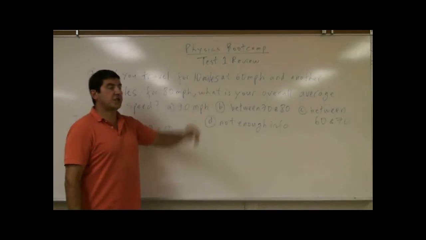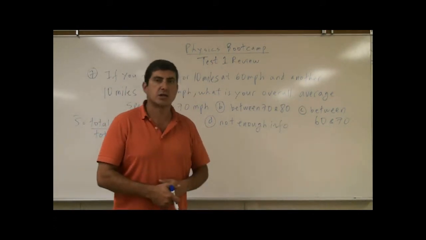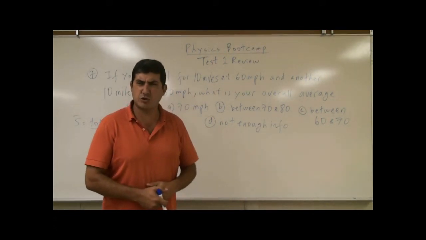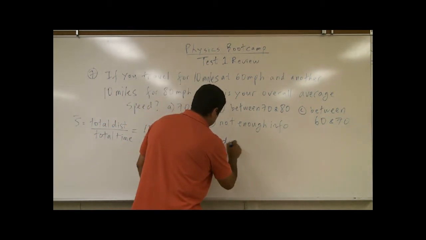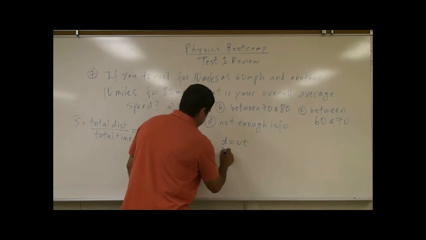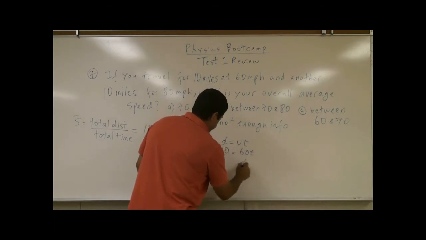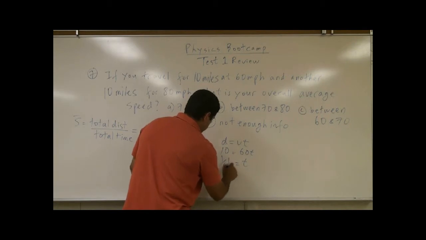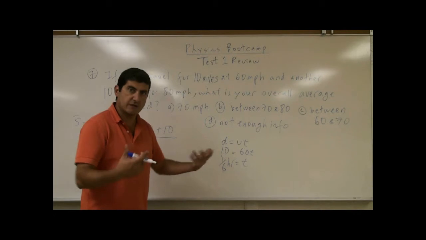Well, if you go 10 miles and you're traveling at 60 miles an hour, how many hours is it going to take you to travel 10 miles? Well, distance is velocity times time. 10 miles, velocity is 60 miles an hour. 1/6 of an hour. So it's going to take you 1/6 of an hour to travel 10 miles.